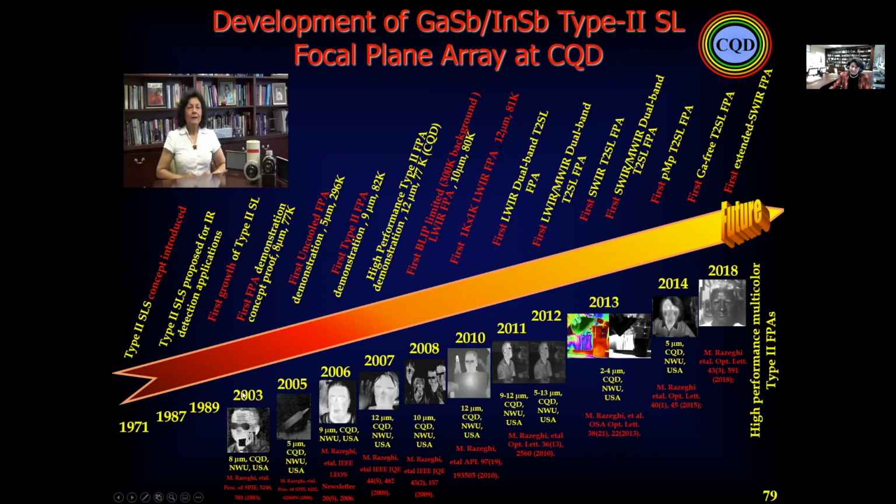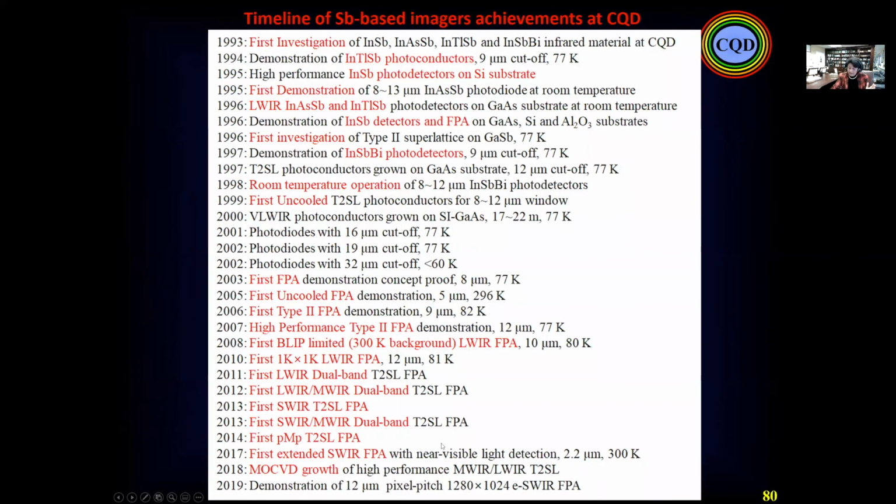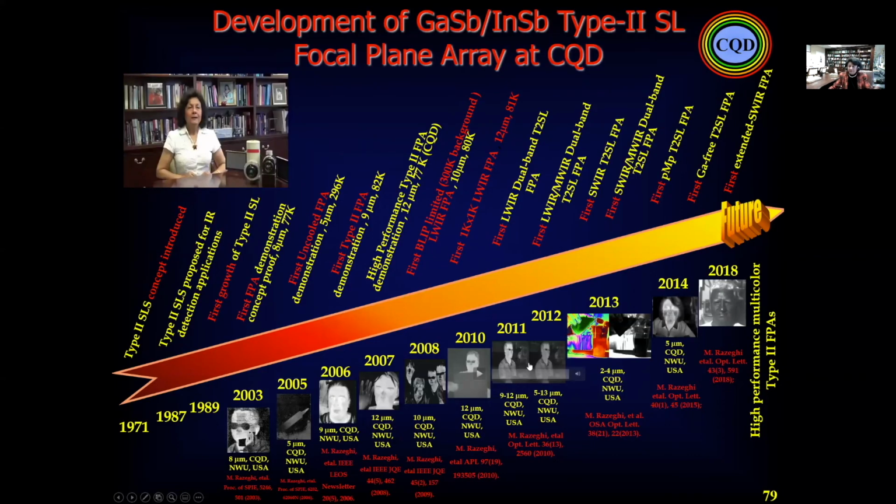After that, one after the other, we did different kinds of focal plane arrays, and everything is transferred through my students to the government, to the country, and now they are working everywhere, and they put in the United States VISTA program.